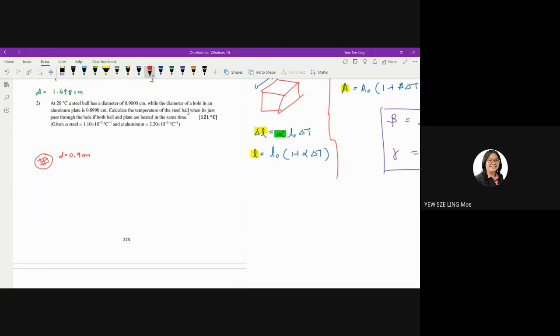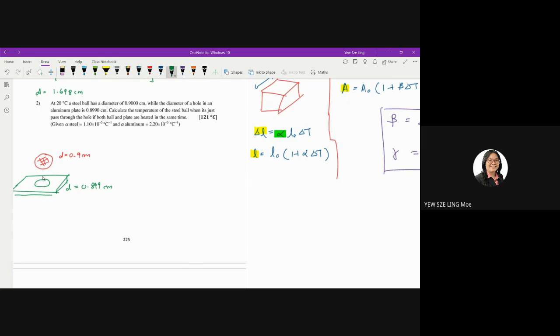And then the diameter of a hole in an aluminum plate. So now you have an aluminum plate right here. This aluminum plate comes with a hole. But now this hole, the diameter is just equal to 0.899 cm.